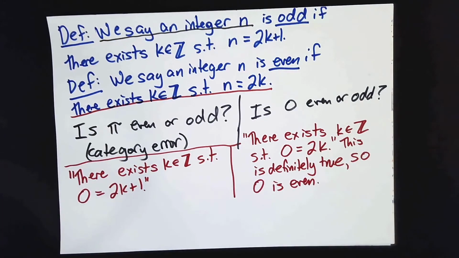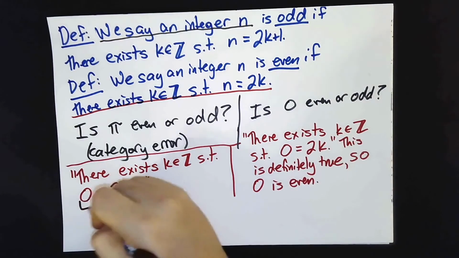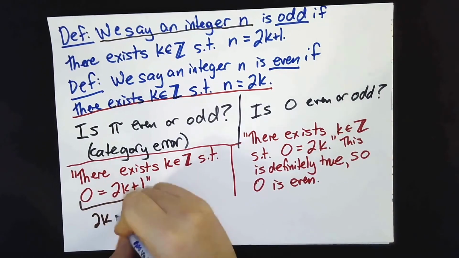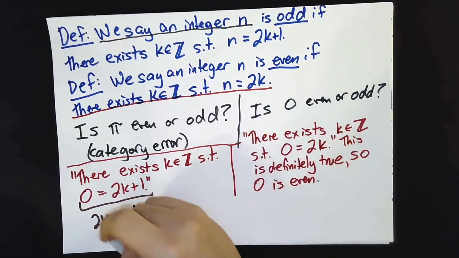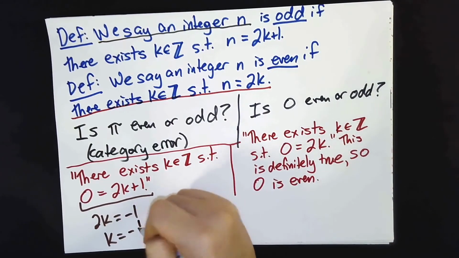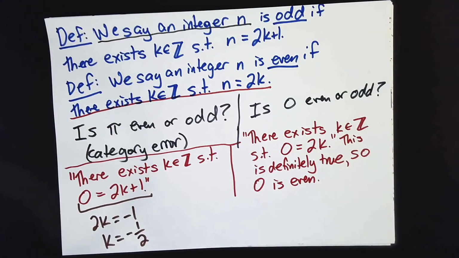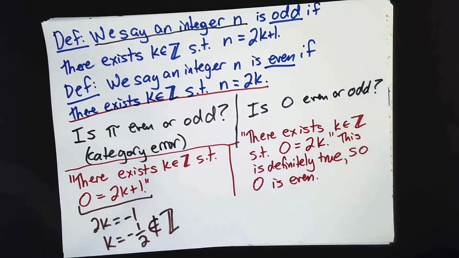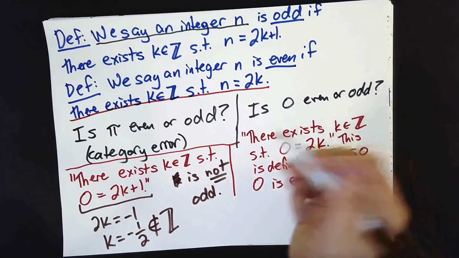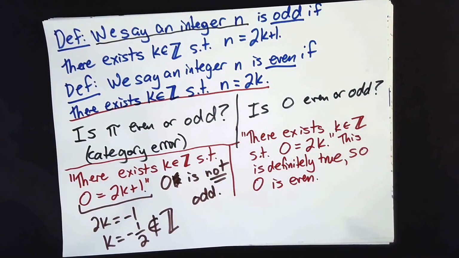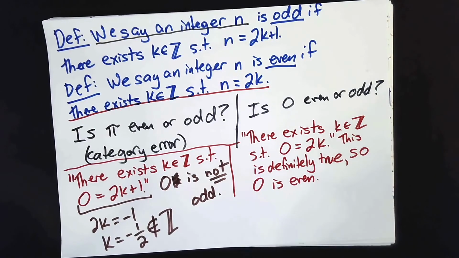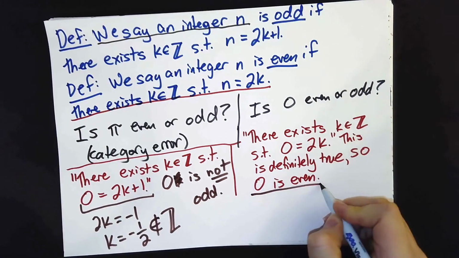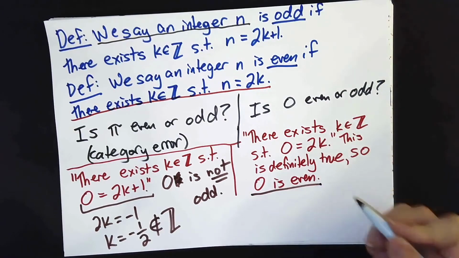Now, maybe at first blush, it's not super clear what's going on here, but if this was true, then 2k would be equal to minus 1, so k would be equal to minus 1/2. But minus 1/2 has the annoying problem that it's not an integer. So what that means here is that 0 is not odd. And so our conclusion here, 0 is even, 0 is not odd. Tell your friends on the internet.